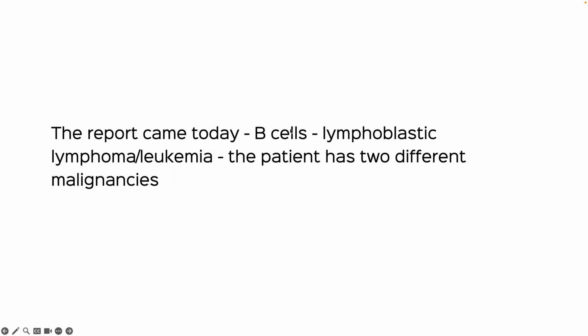And the answer came today. It is a B cell lymphoblastic tumor, either lymphoma or leukemia, and then they have to look at other tests to figure out which one, whether it's lymphoma or leukemia. So this is not osteosarcoma spread. This is a completely different entity, and clearly now we can realize that the PET is abnormal, the whole body MR is abnormal, and the marrow change is clearly abnormal.